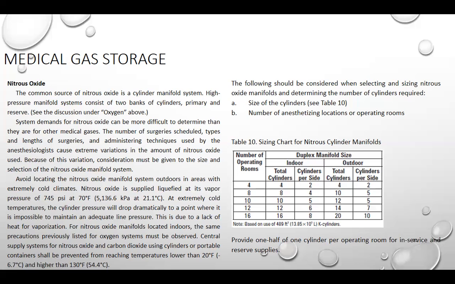The following should be considered when selecting and sizing the nitrous oxide manifold in determining the number of cylinders required. A. Size of cylinders, Table 10. B. Number of anesthetizing locations or operating rooms. So there, the number of operating rooms, and there are the cylinders. Provide 1/2 of 1 cylinder per operating room for in-service and reserve supplies, as a note. 1/2 of 1 cylinder.